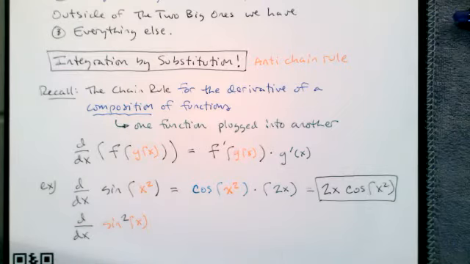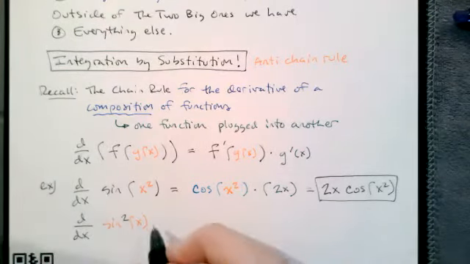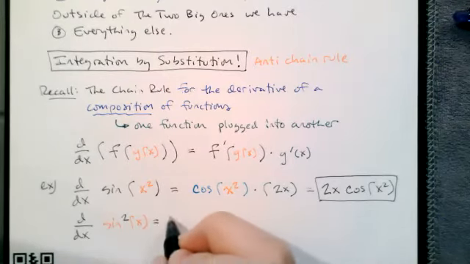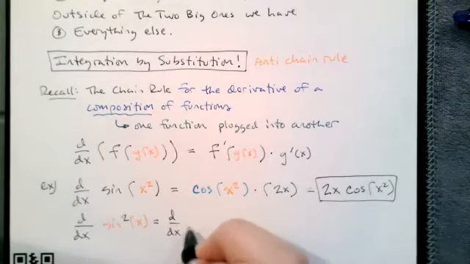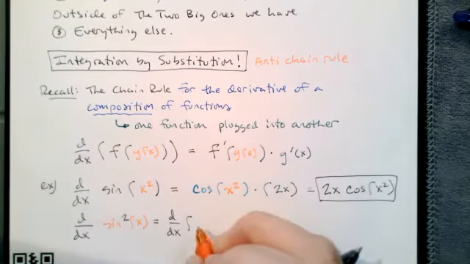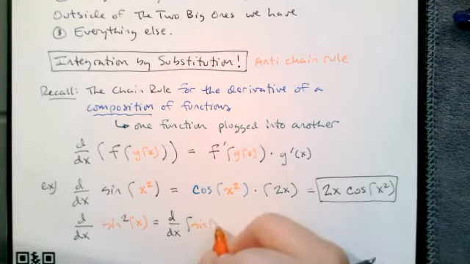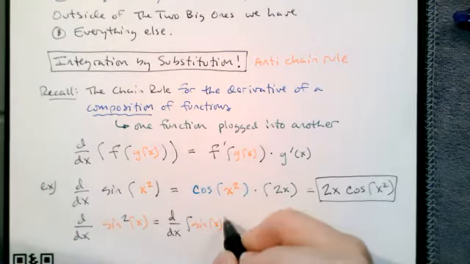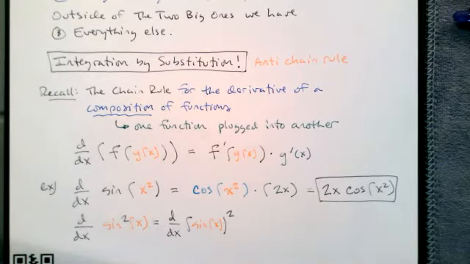So in this case, it's the sine of x that has been squared. So here we're looking at the derivative, the inside function is sine x, and the outside function is squared.